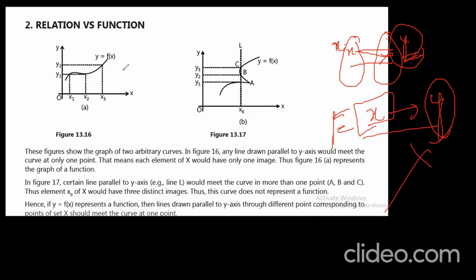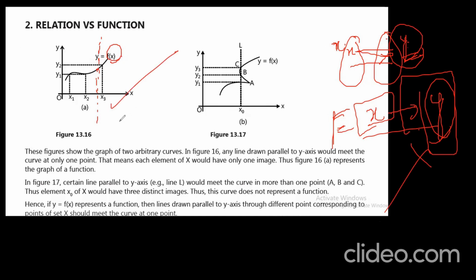Okay. The y coordinate is important, right? So for that reason, I am drawing a line parallel to the y-axis, like this. It is touching the curve, f of x, at only one point.